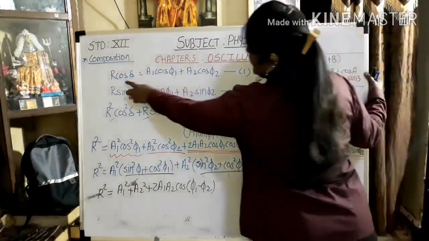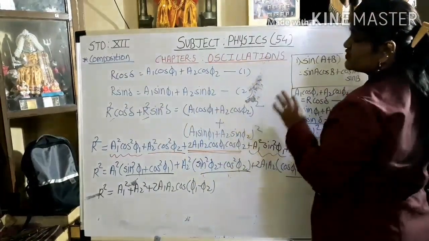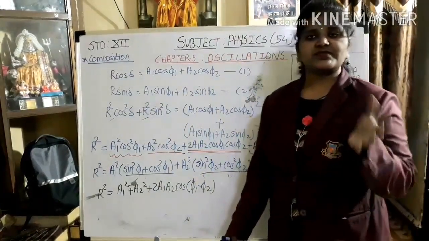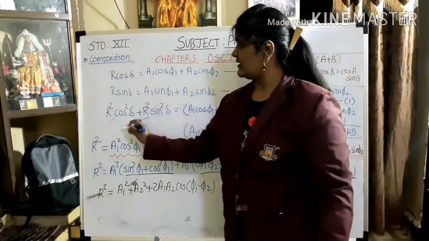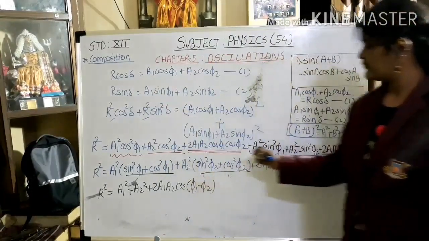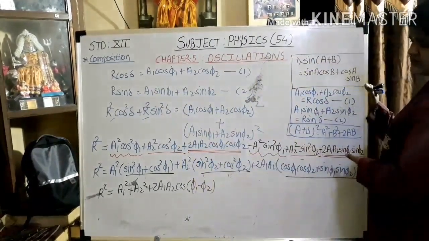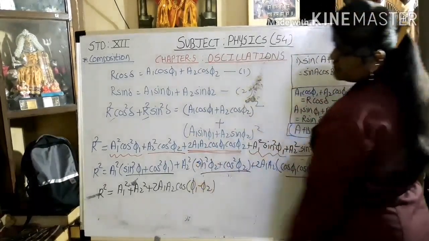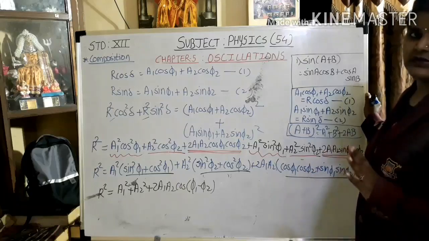We put R cos delta as this equation and R sin delta as this equation, squared both the equations and added them. After squaring and adding, I got this, then I took out the common terms and put the formula in it. So I got the value for R.